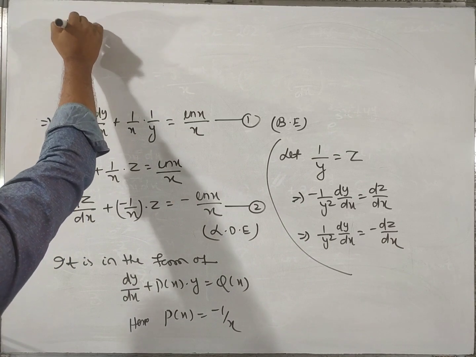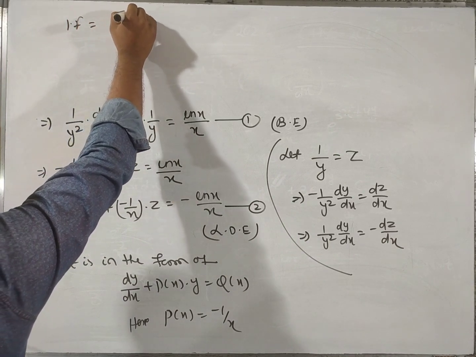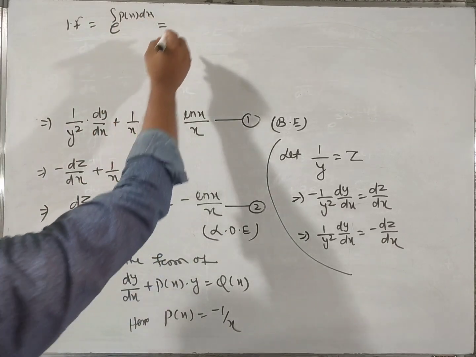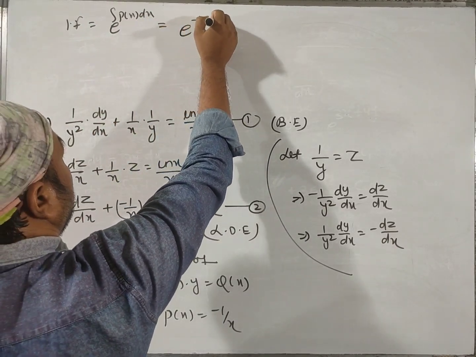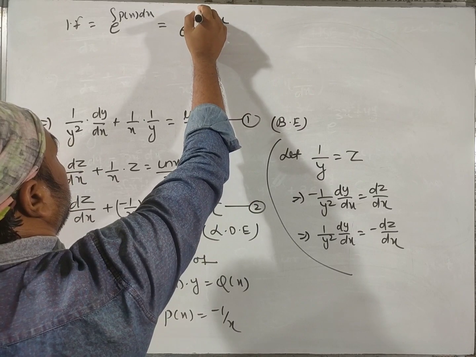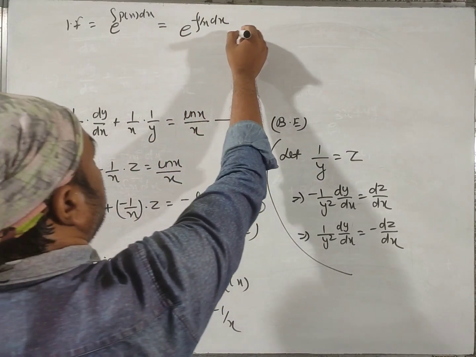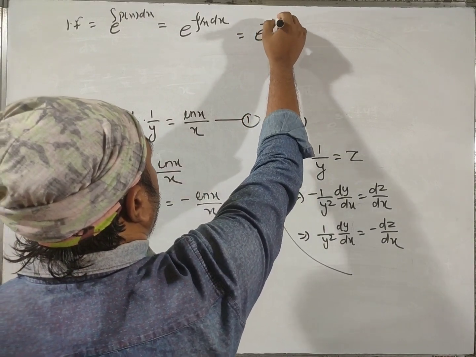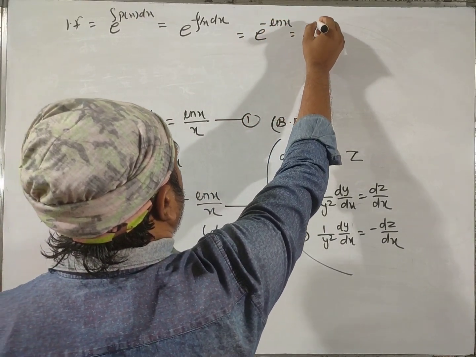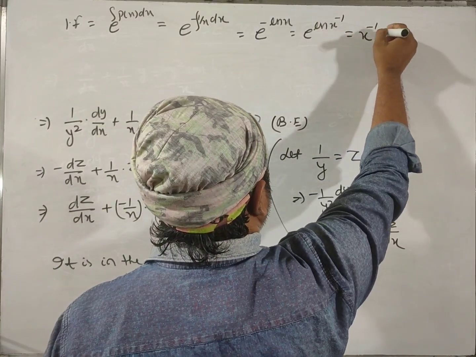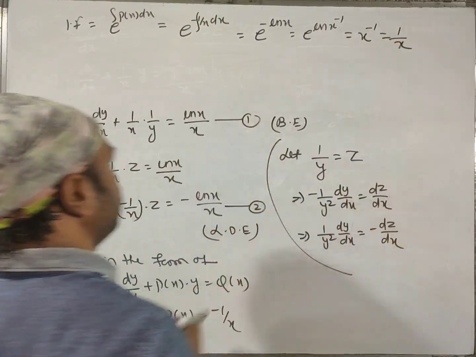Then the integrating factor will be e to the power integral of p of x dx. Then it will be e to the power minus ln x, that means e to the power ln x to the power minus 1, that implies x to the power minus 1, that implies 1 upon x.